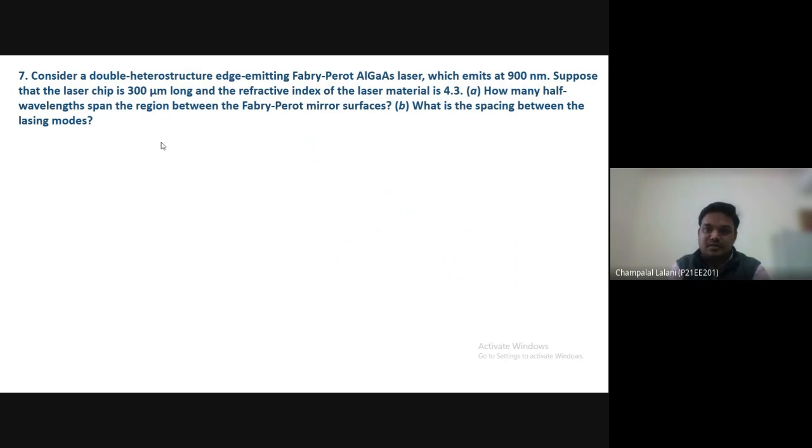Next question is more of a similar type. First, you need to calculate the number of modes, and second, you have to calculate the separation, delta lambda. So you try it yourself, then I will give the answer.